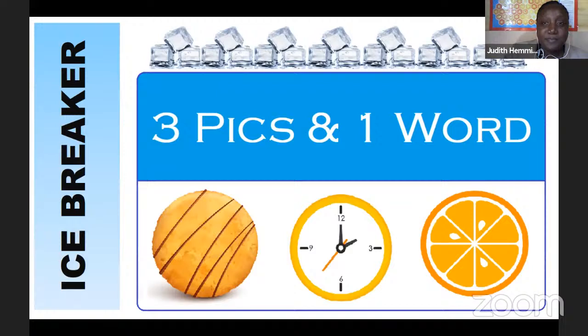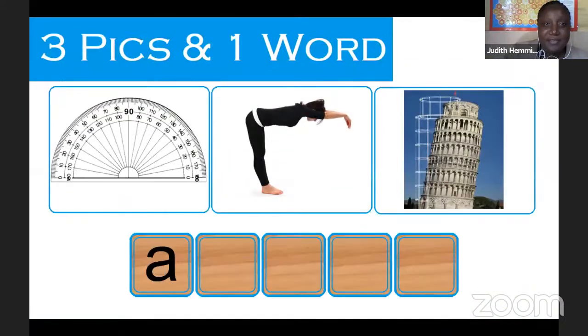Go ahead, students. Feel free to share your answers in the chat. Thank you, Janice. All right, so this is our first activity. Look at those three pictures. What is the one word that comes to mind? Provide a response in the chat, and then we'll expose the answer.